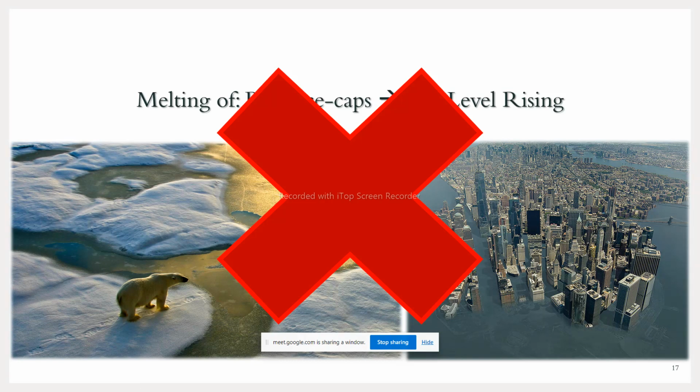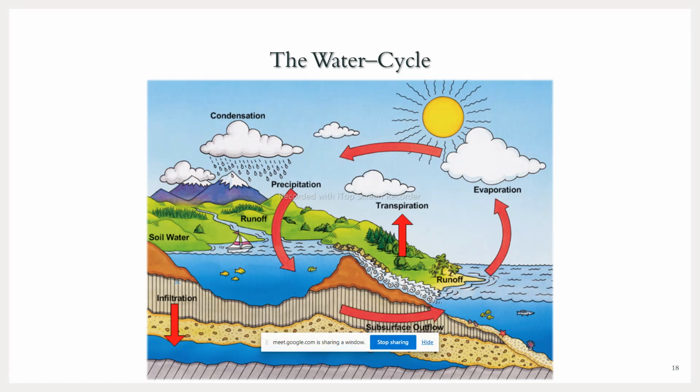Now, what causes the sea level rise then? The main contributor is definitely the melting of ice, but not the polar ice which is floating on the water. Those are basically the ice of the glaciers.